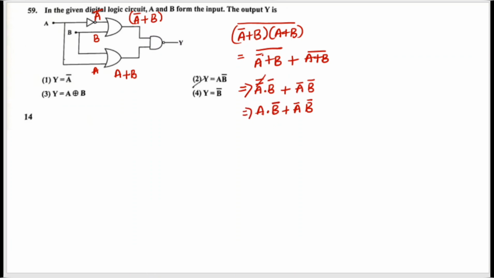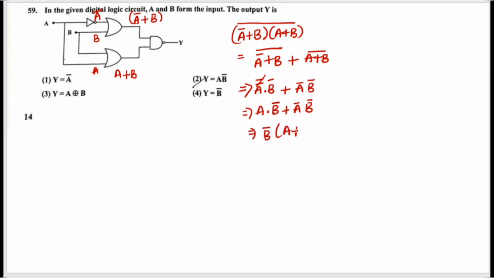So come back here. According to the rule, we have De Morgan's rule: A bar plus B whole bar. We need to separate these terms, which means the multiply symbol will come in the middle, and the bar will persist again. So from here I can take B bar common.